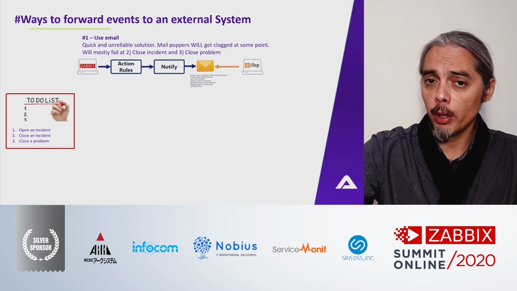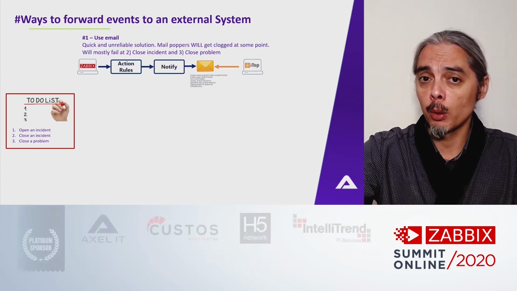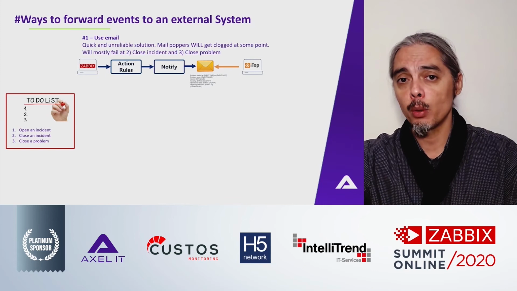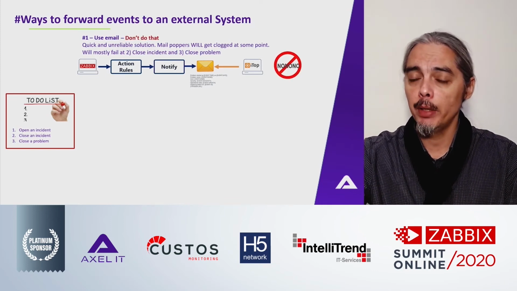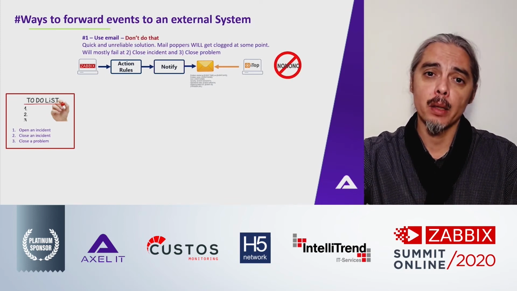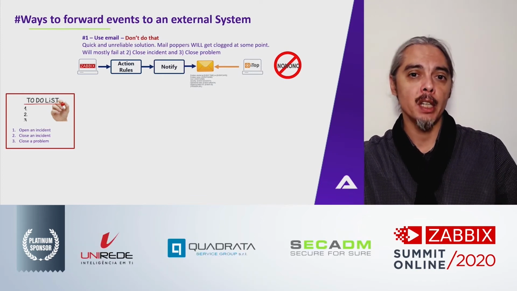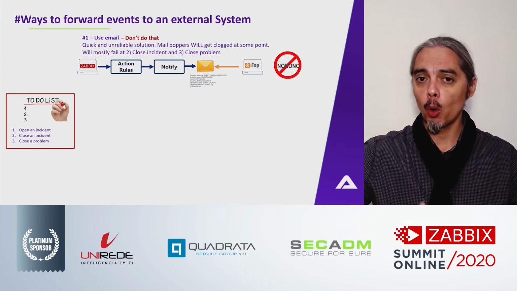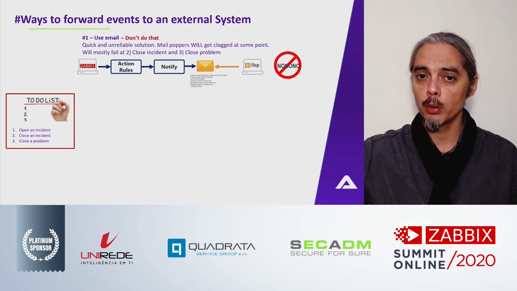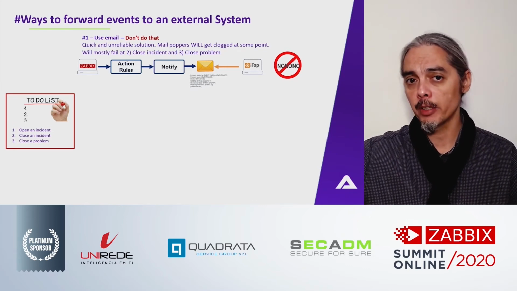So how do we integrate with an external system? Very straightforward. The basic answer is to use email. Please don't do that. It's a bad practice. You don't want to be dependent on the email server or on all the infrastructure that's required to get the email to the helpdesk system.